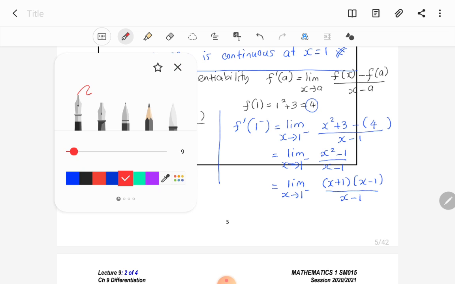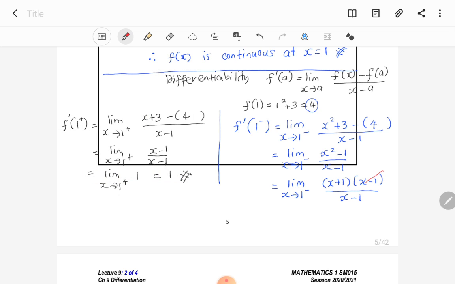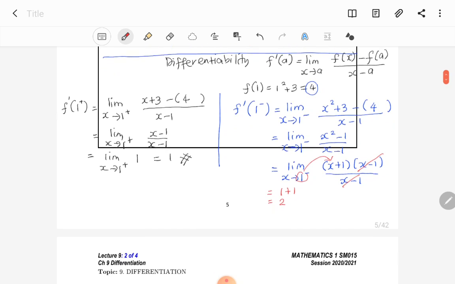And we can simplify x minus 1 with x minus 1. So we have the limit of x plus 1 as x approaches 1 negative. We substitute 1 inside, so we will get 1 plus 1 equals 2.